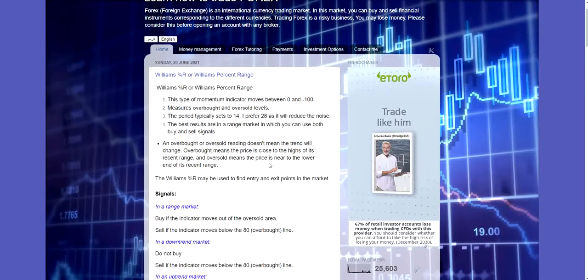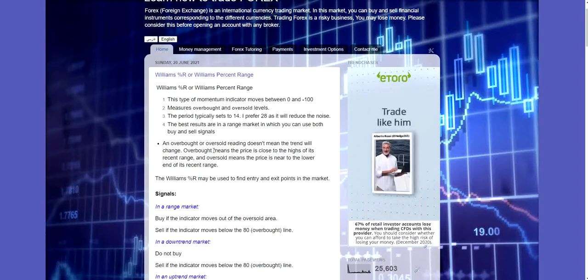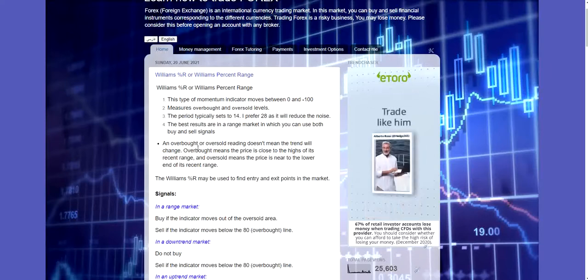Why is this important? Because in very strong trending markets, sometimes prices remain in overbought and oversold areas for a long time, and if you just open a sell based on price being overbought, then the price will just keep going up, and you're going to lose.